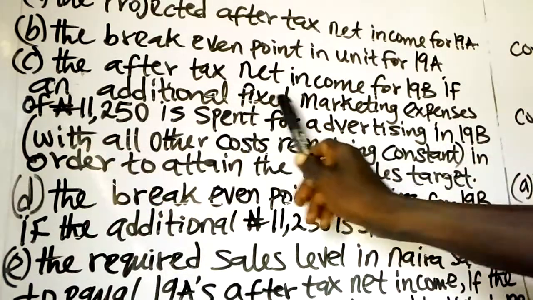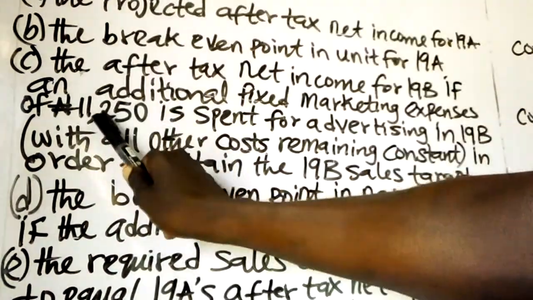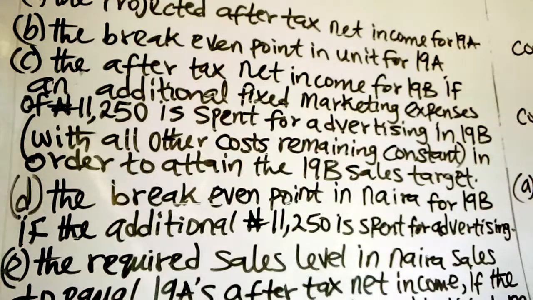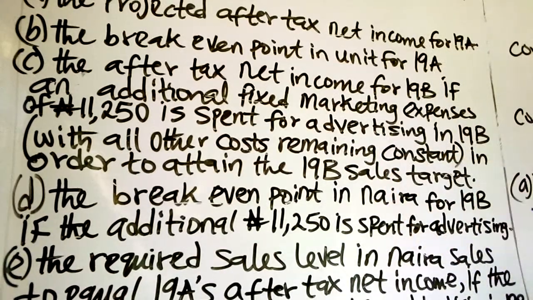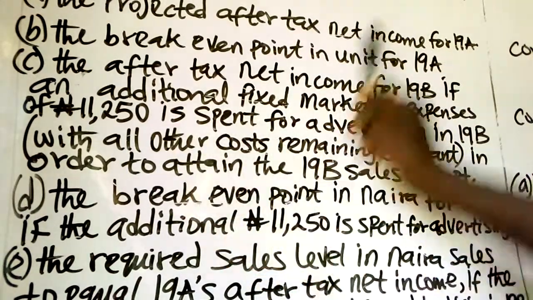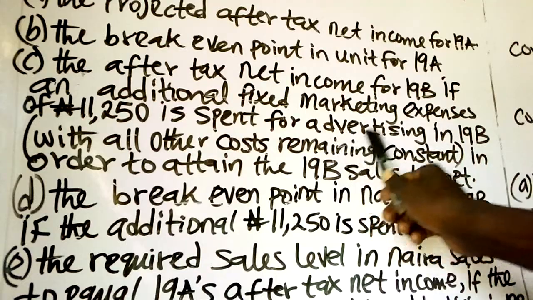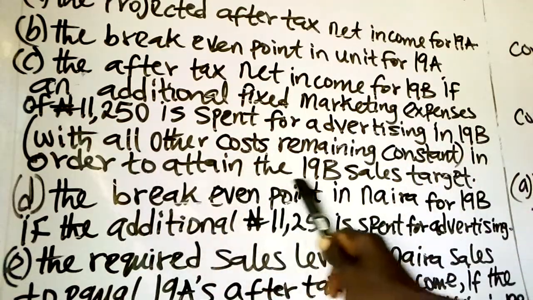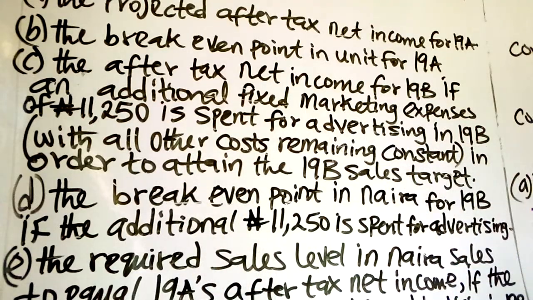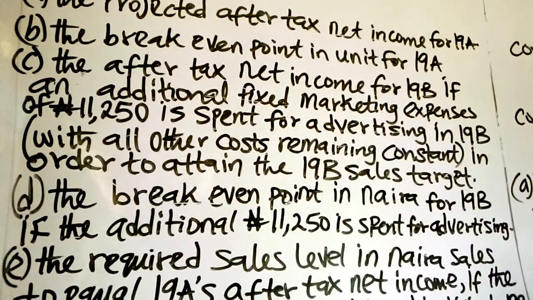If an additional fixed marketing expenses of 11,250 is spent for advertising in 19B, with all other costs remaining constant in order to attain the 19B sales target. Since it is after tax net income you have to calculate, that means you prepare an income statement for 19B.